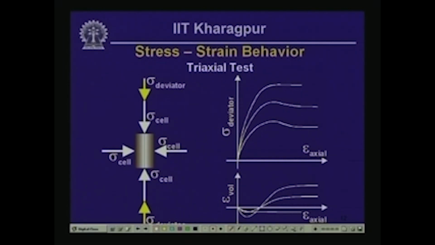Here, on the positive side we are plotting volumetric expansion. So epsilon volume positive in this case indicates volumetric expansion, or dilatation as it is called, and negative is contraction. So that gives you the response in a triaxial test.